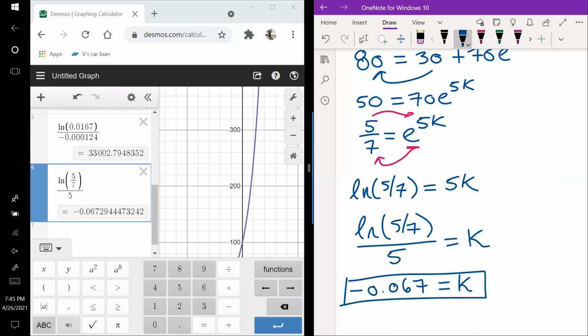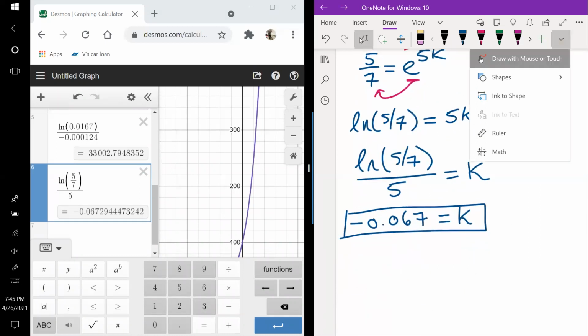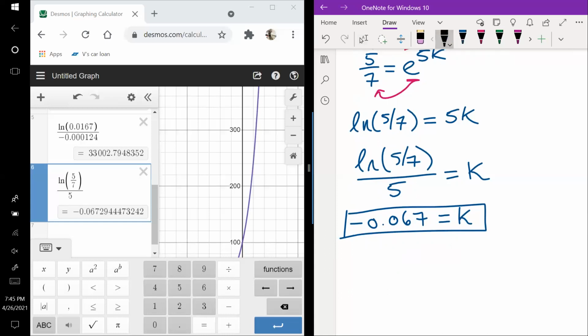Which means we can fill out our equation, which happens to be now U of t equals 30 plus 70 e to the negative 0.067 t.